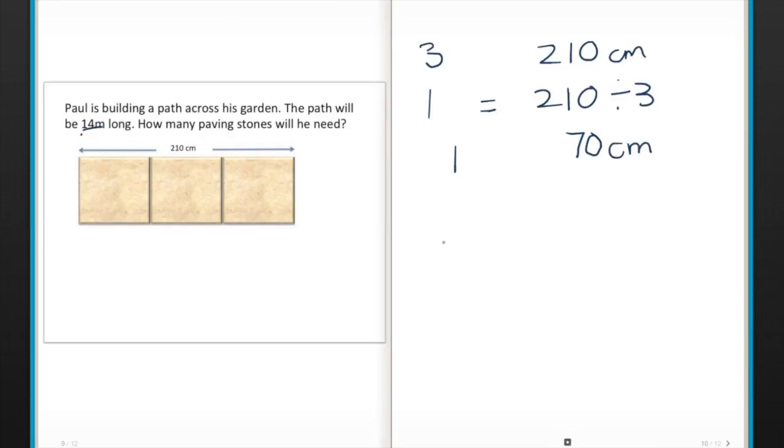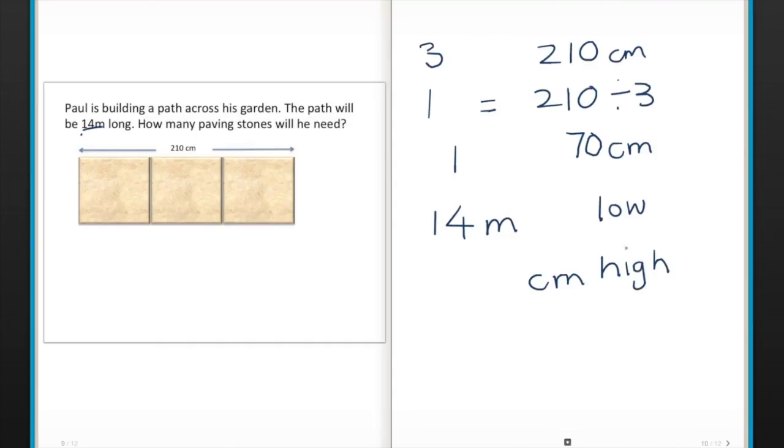How many will I need to make 14 metres? Well, metres and centimetres can't work together in the same calculation, so I'm going to have to change the metres into centimetres. So I've got 14 metres and I want to go to centimetres. Which is the big, which is the small? Big with a low voice, small with a high voice.